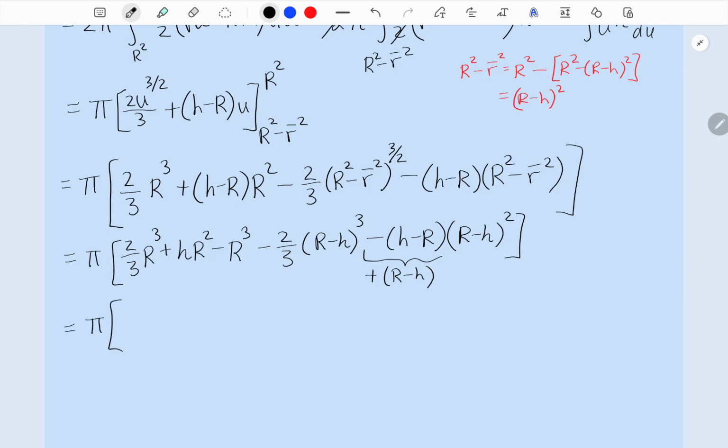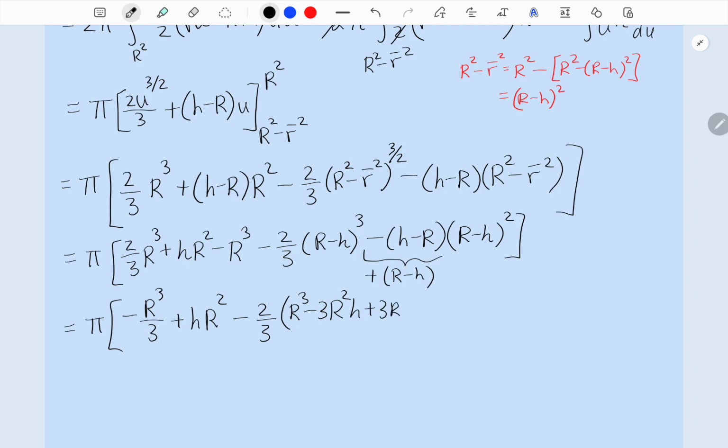So what I have is, 2 over 3 r cubed minus r cubed is going to be negative r cubed over 3. And then I have plus h r squared. And then minus 2 over 3. What was r minus h cubed again? It was r cubed minus 3 r squared h plus, what is it?